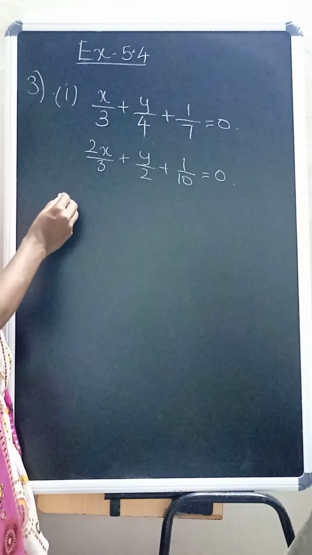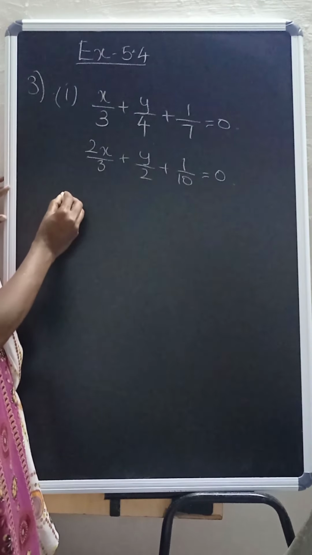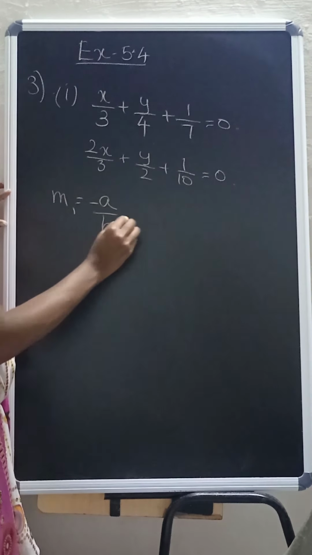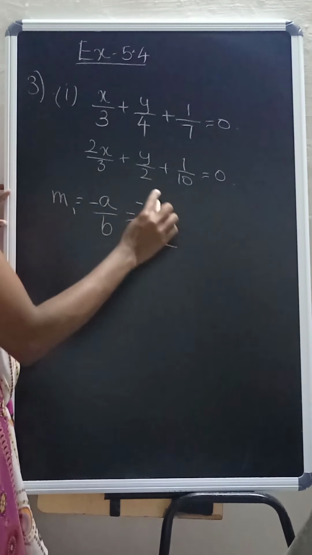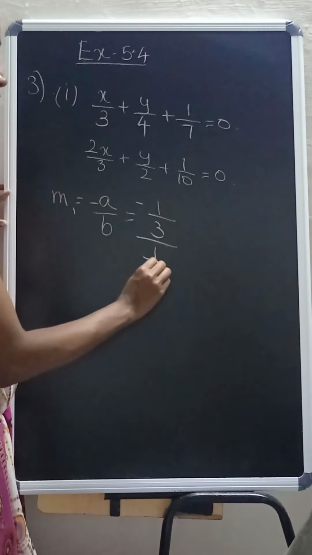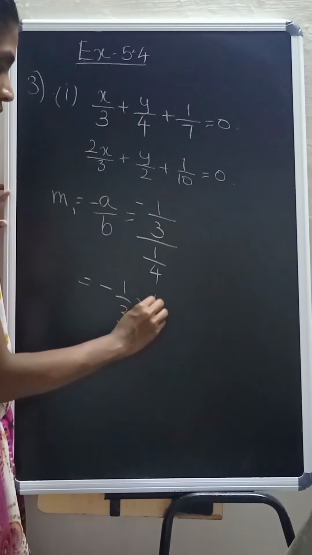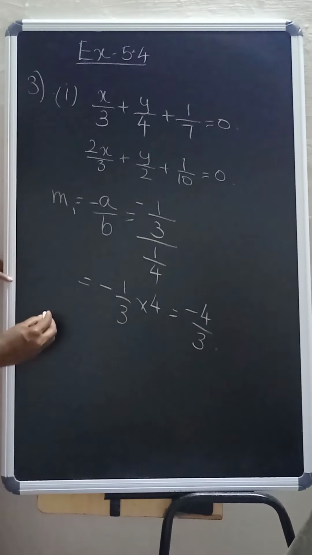Now take this first equation. x by 3 plus y by 4 plus 1 by 7 is equal to 0. So now m1 is equal to minus a by b. Now here a is 1 by 3, b is 1 by 4. Minus 4 by 3. Now find m2.